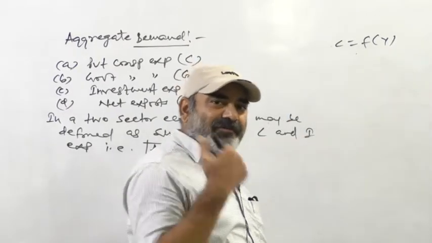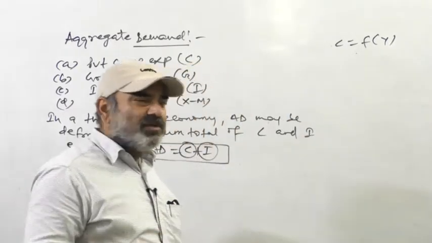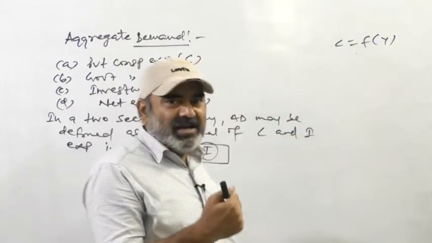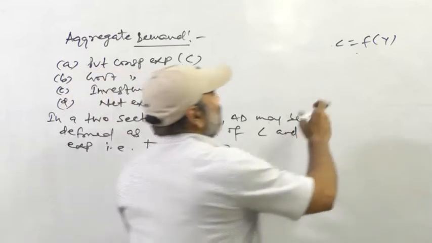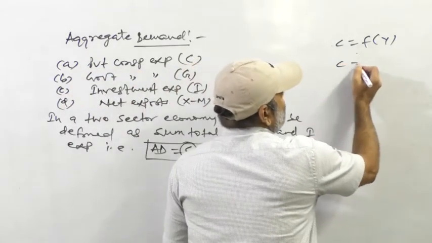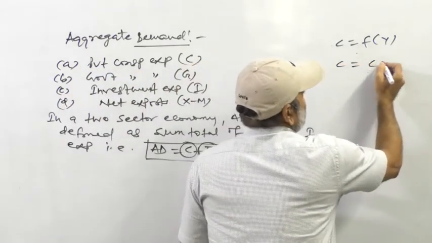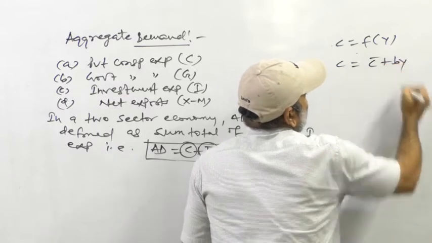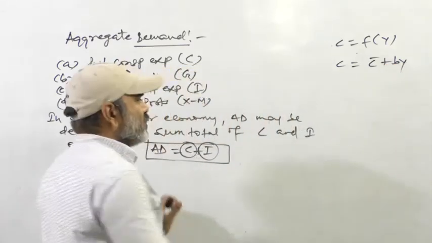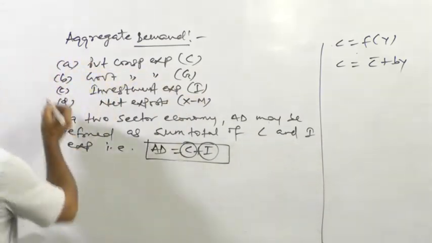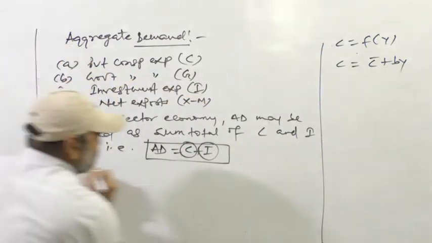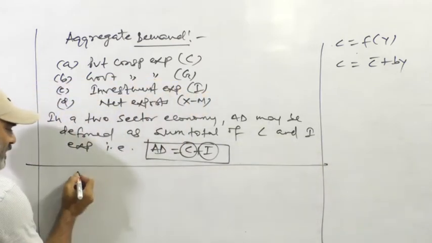How much we can afford to consume is determined by income group which we come from. And this is also written as C equals to C bar plus bY. And this is based on Keynesian law of consumption. Let's know about Keynesian law of consumption.